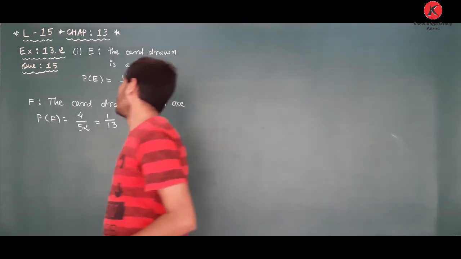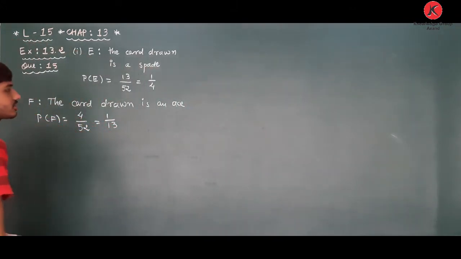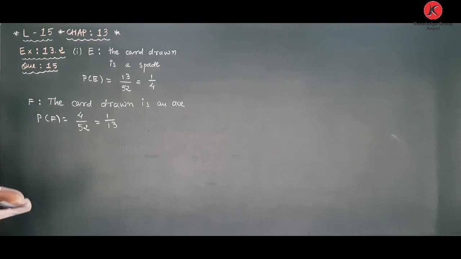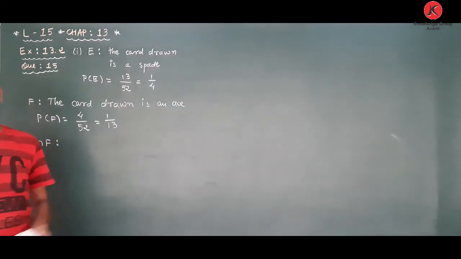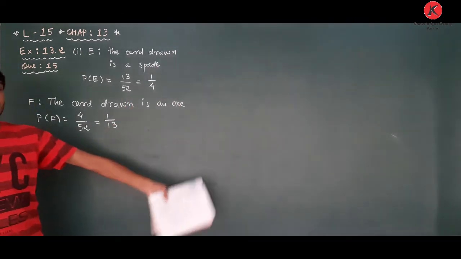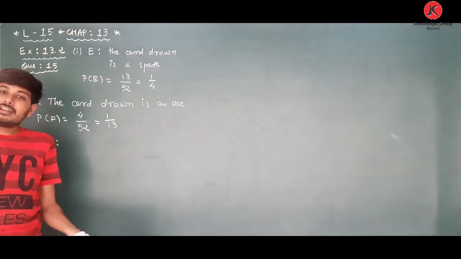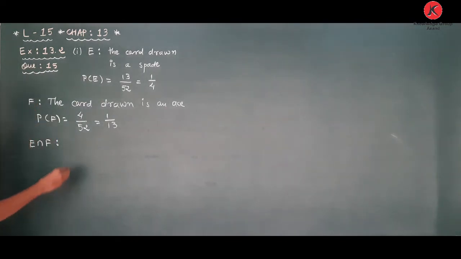Now you have to find the probability of E intersection F. First, see the event: the card drawn is a spade as well as an ace, that is, the ace of spade.